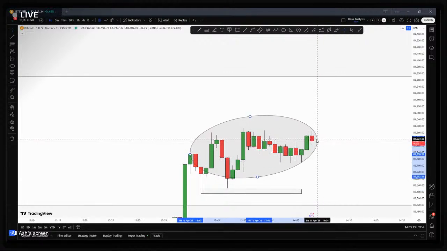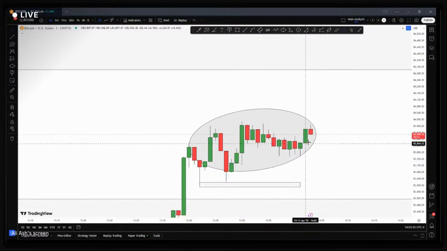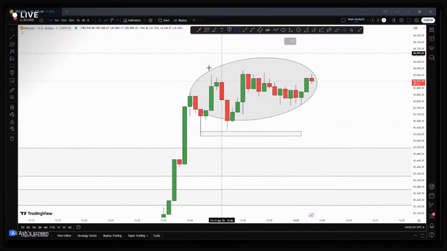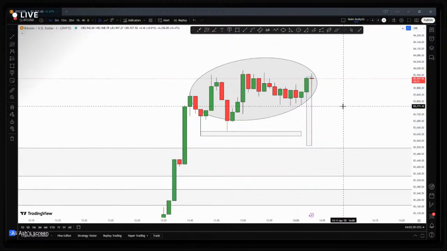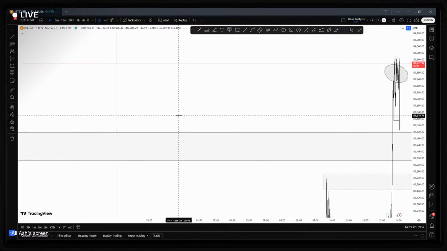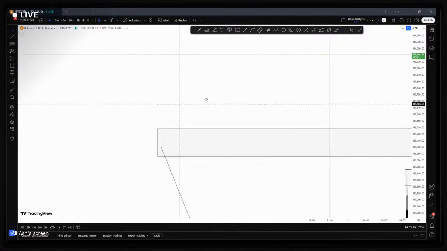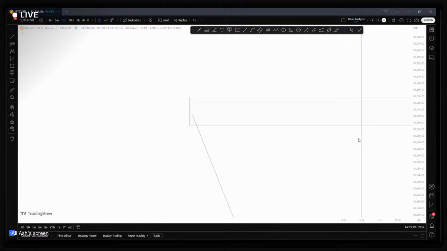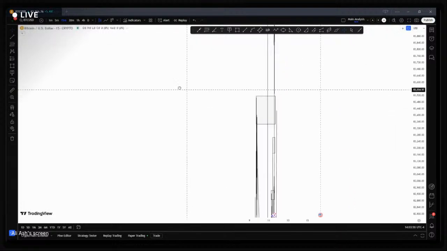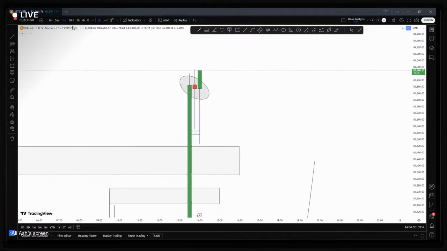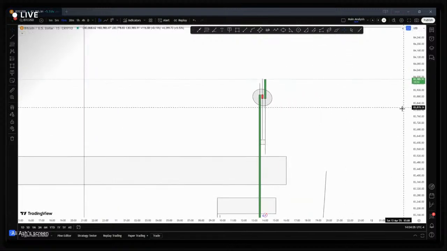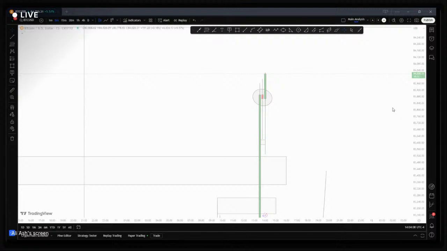So I would say that it will create an ellipse right here, and this ellipse with the bearish engulfing, and we will see an SR interchange from this to test this equal high again. Okay, we got it now. We are at 84K.